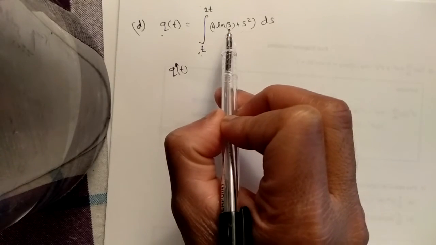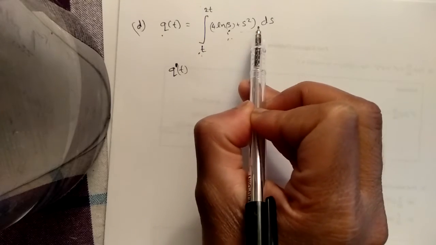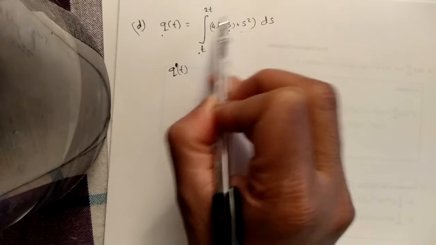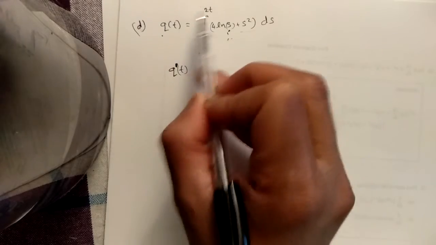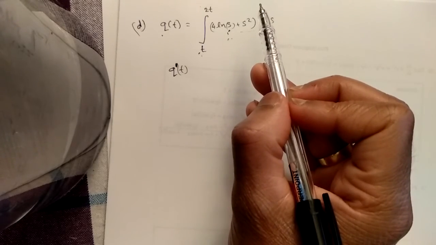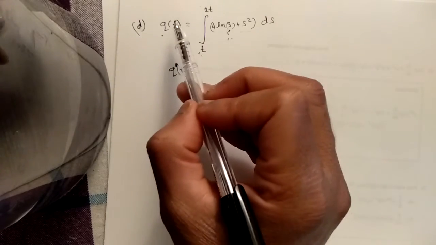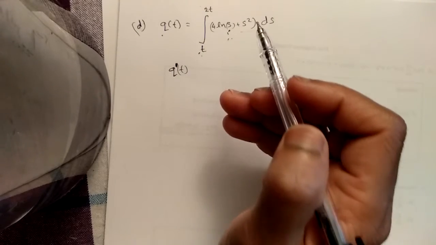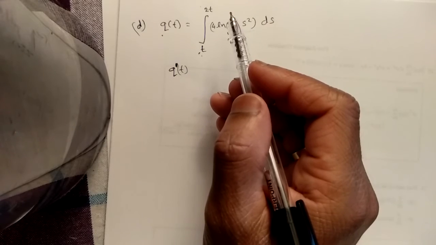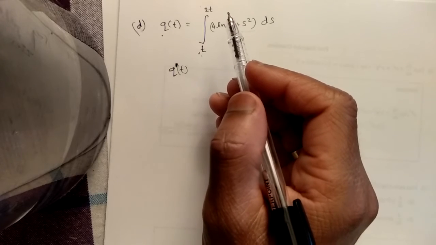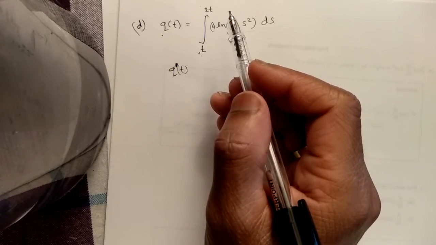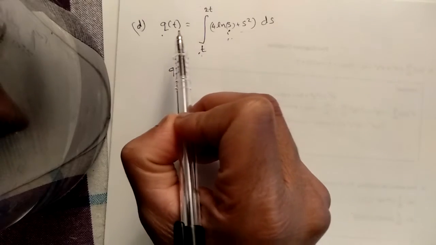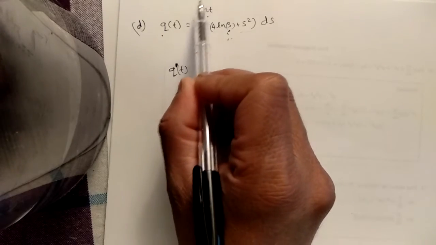Now, s is used to integrate this one, and t is used with the upper limits. Basically they are associated with the outer function, right? Okay, now here we cannot directly apply the fundamental theorem. There are two reasons why we cannot apply the fundamental theorem, because at first we don't have a single variable.